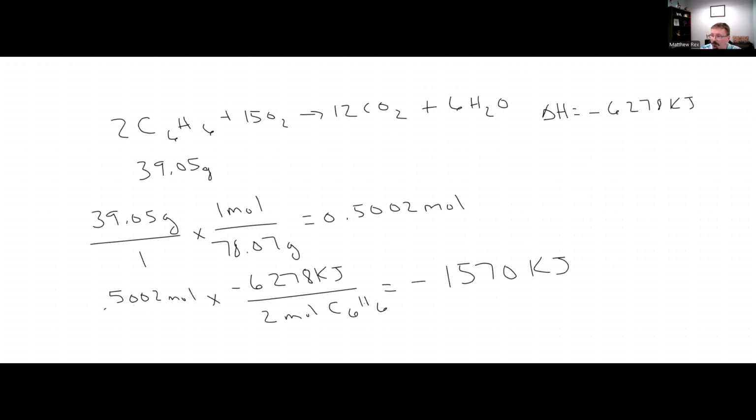So the amount of heat produced, 1,570 kilojoules of energy, or answer C.